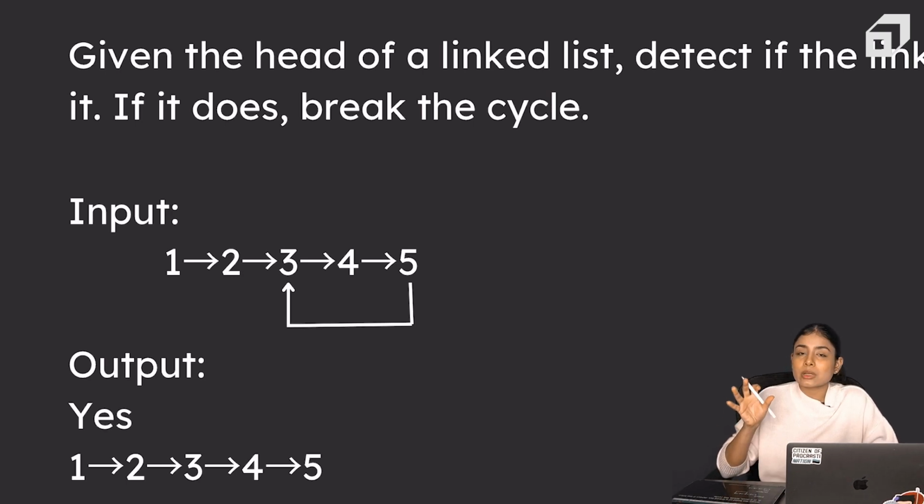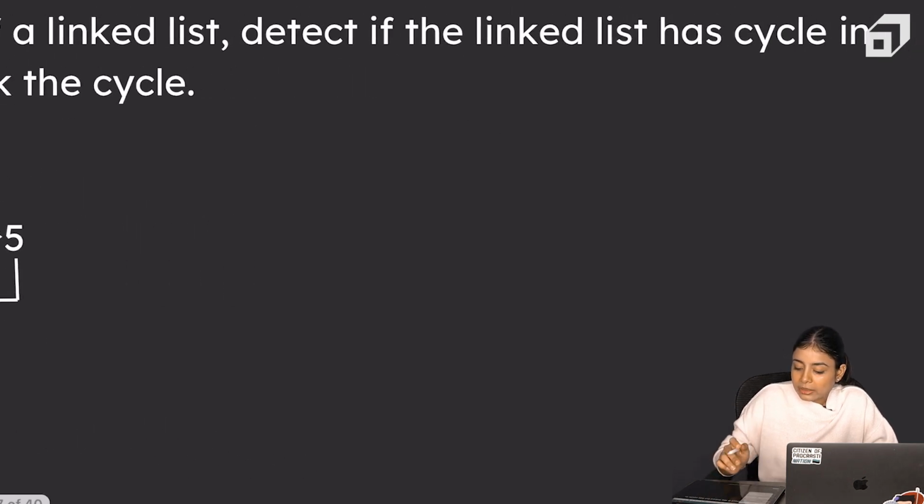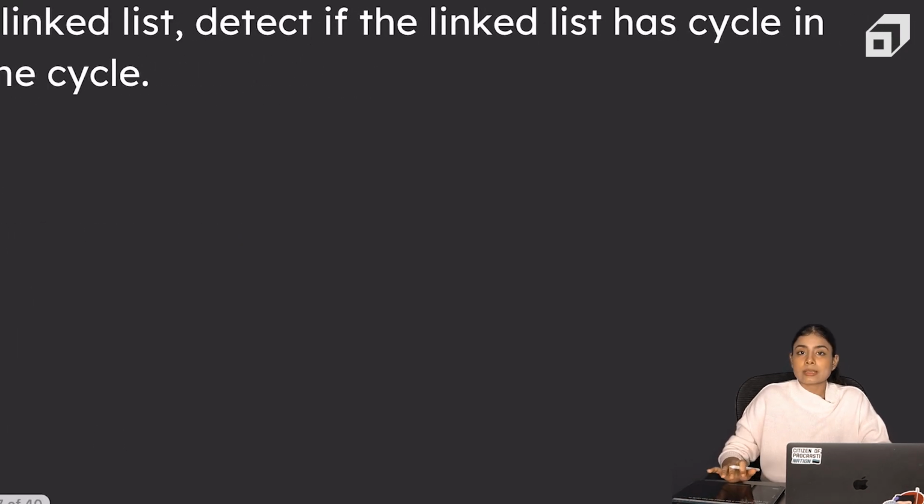So first of all, let's focus on the first part of the question, which is detecting the cycle if it is present. And here we'll need to use some logic, okay? Let's try this. I'll give you a puzzle, and if you're able to solve that puzzle, then you will be able to solve this question as well.